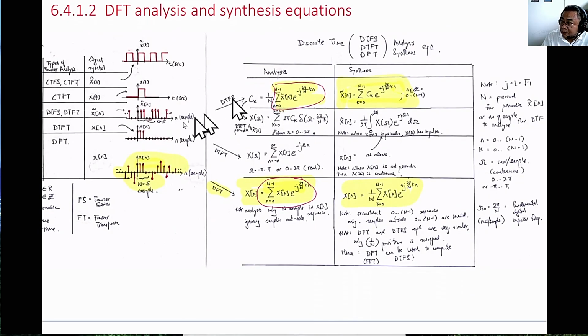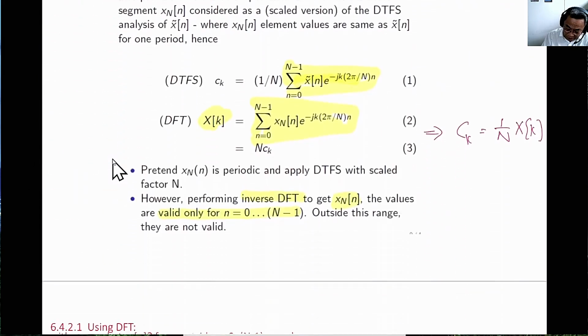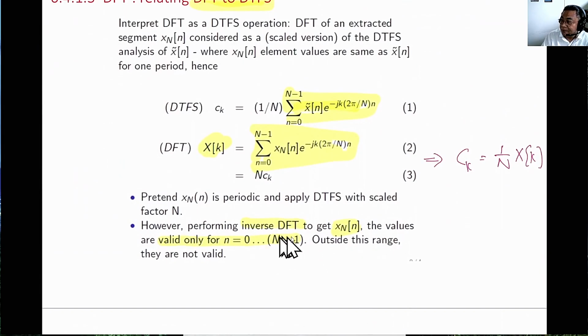Ck is from a periodic signal, the frequency representation of the periodic signal. When we get xn, this is still periodic, as in the real data. Here, when we take Xk, the frequency representation, and we do inverse DFT, we'll get xn, but only the 5 samples here are correct. Outside here, if you try to use this equation, you'll still be periodic, but they are not representing the real data. This is what this warning is about.